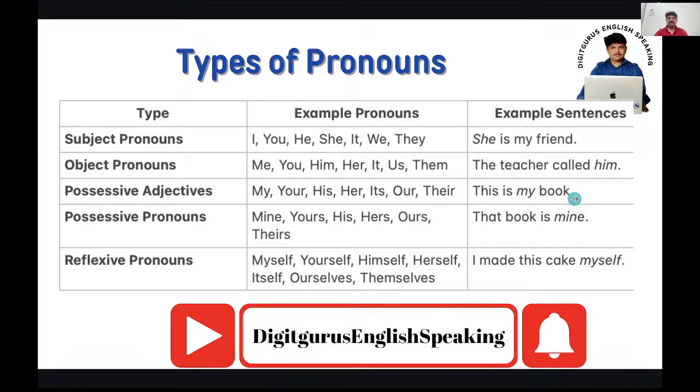Therefore, it is a possessive adjective. And the possessive pronoun replaces the noun. It is a little bit difficult to understand the difference between possessive adjective and possessive pronoun. But if you think about it carefully, read, and use them in your own sentences, then it will be super easy.